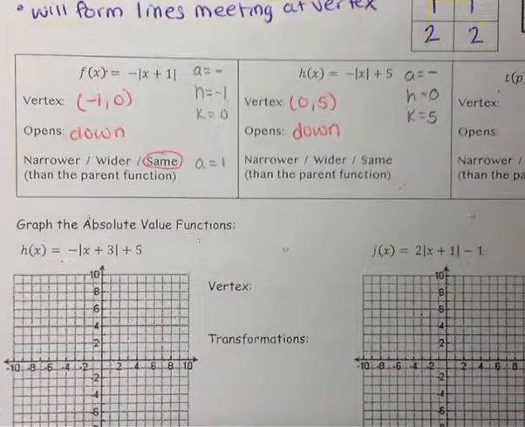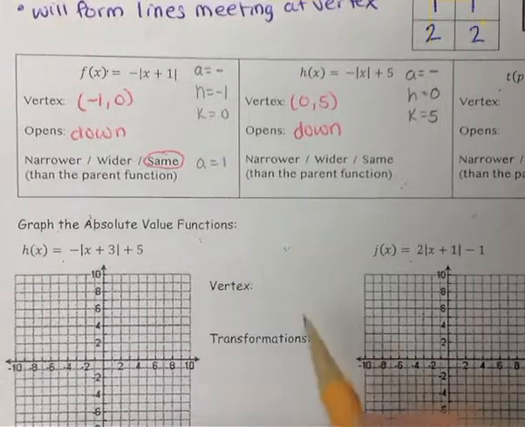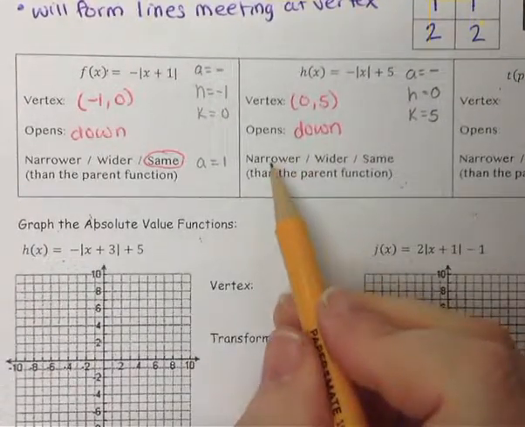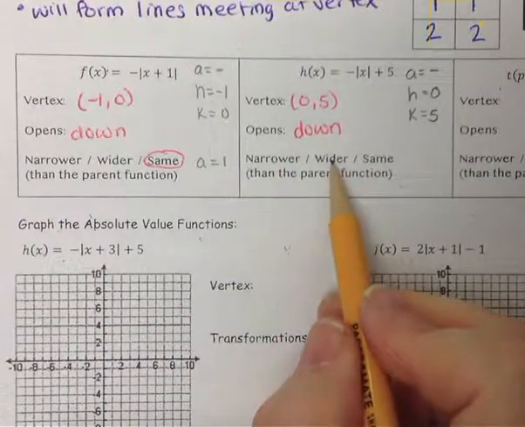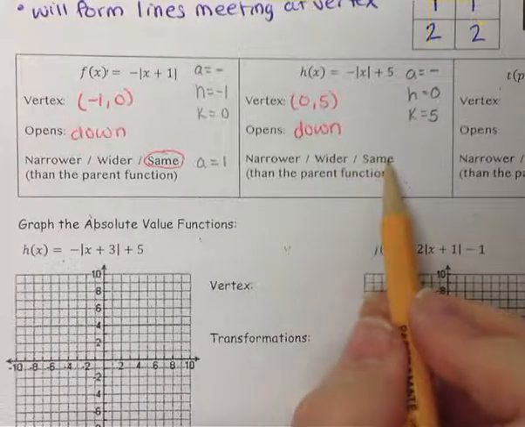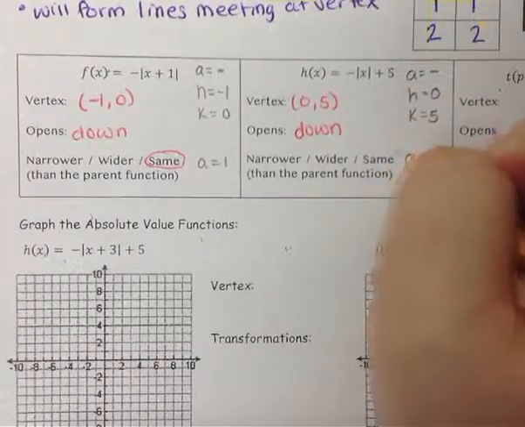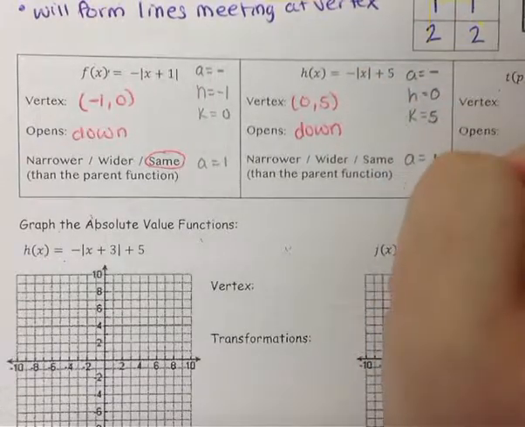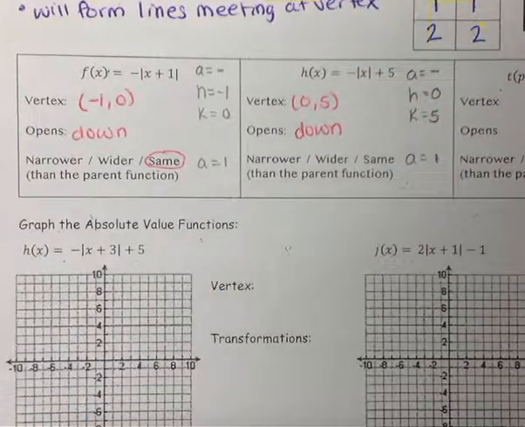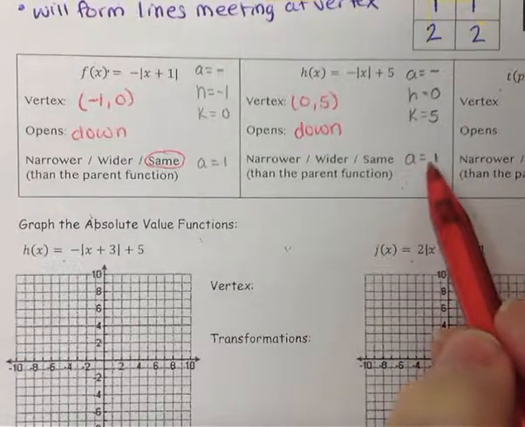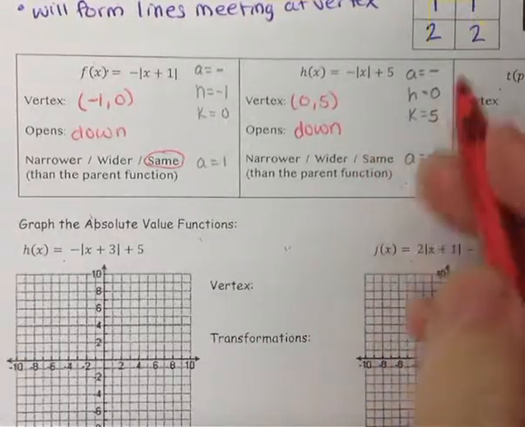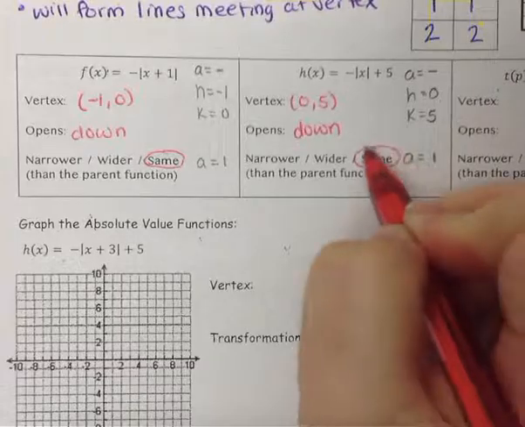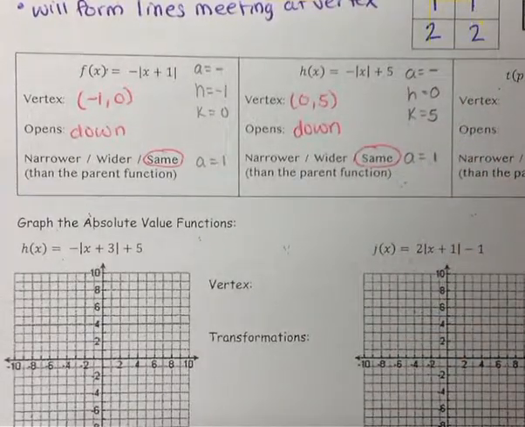And then we look to see if it's going to be narrower, wider, or the same. So narrower is that vertical stretch, wider is that vertical compress, and the same means nothing happened to it. So the a value, the number, would be a 1 because it's going to be a negative 1. The parent function always has a positive 1, so the 1 value tells us that it's going to actually have the same slope. It's not going to be compressed or stretched.